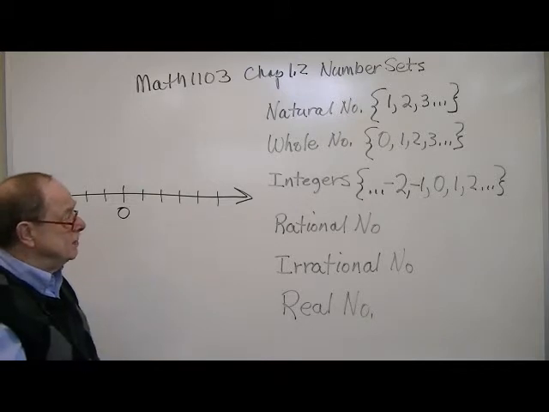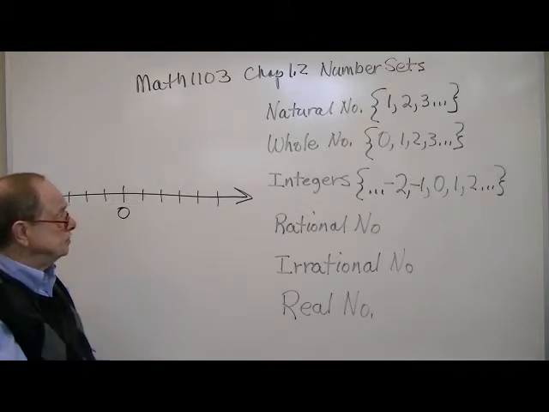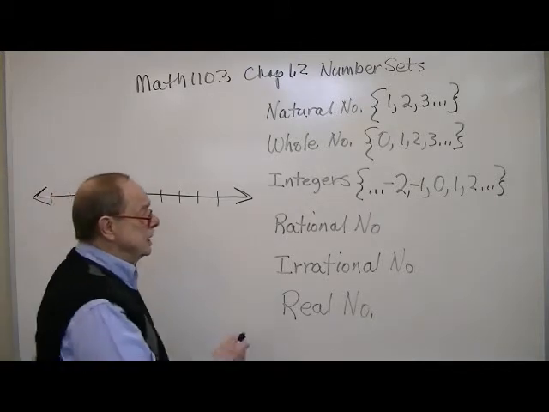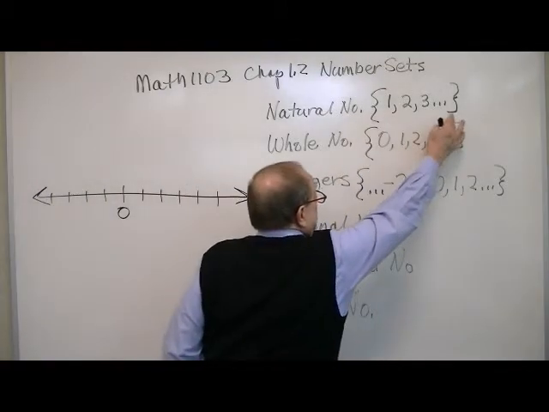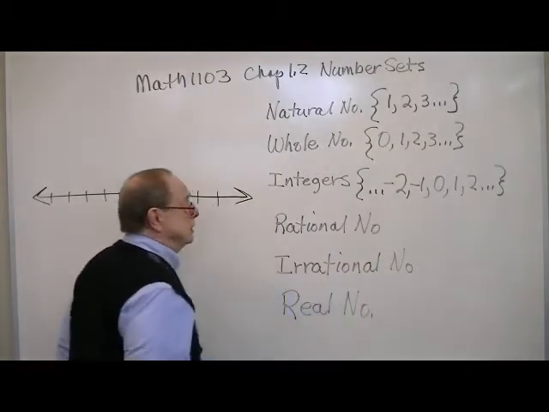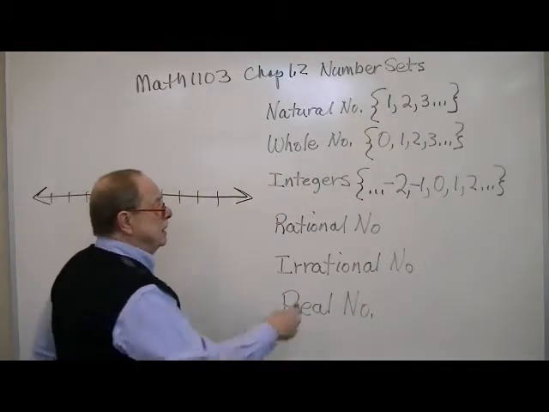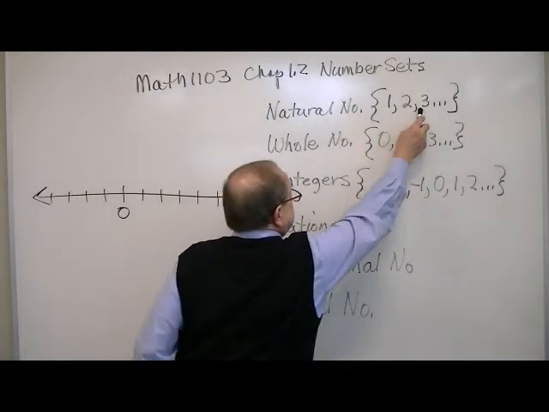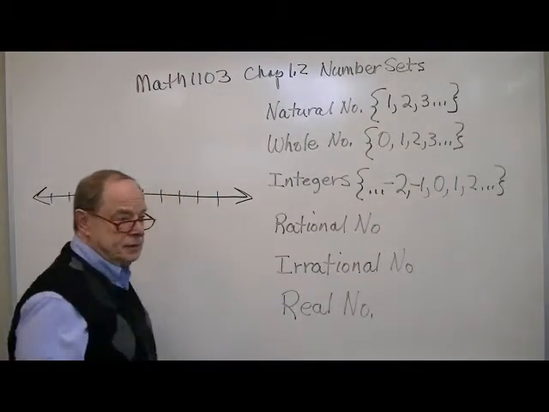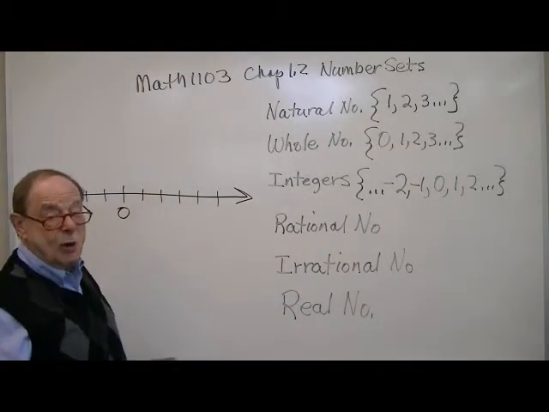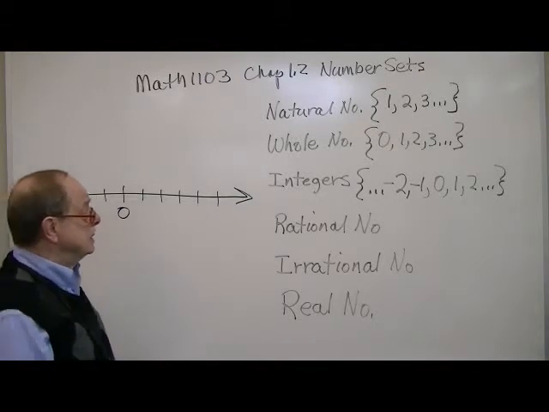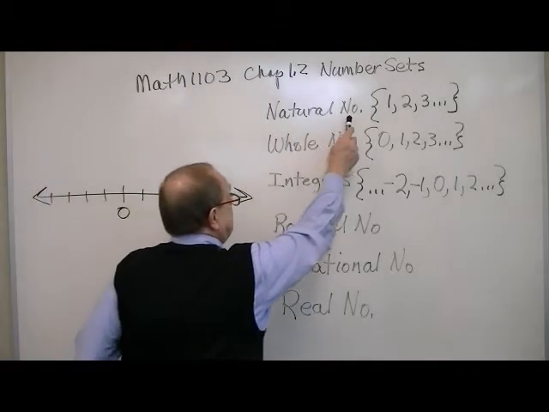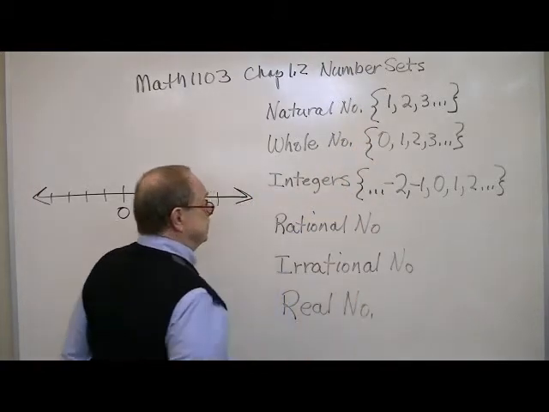The other thing is, when we're writing a set, we put braces around it, and then the items in the set are referred to as elements or members of the set. So this is the set of natural numbers.